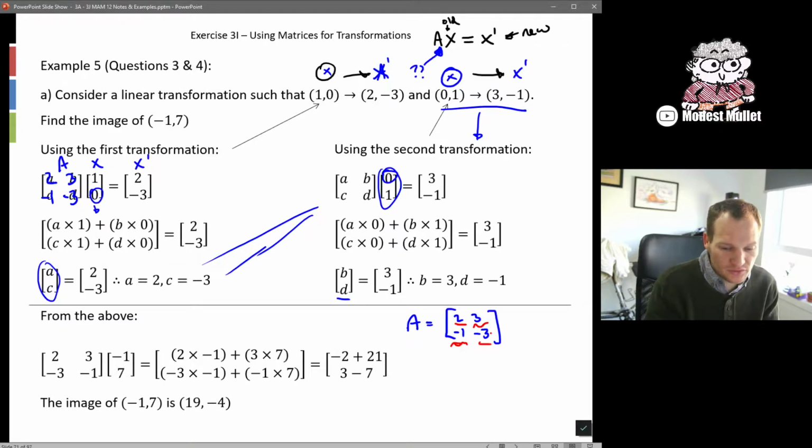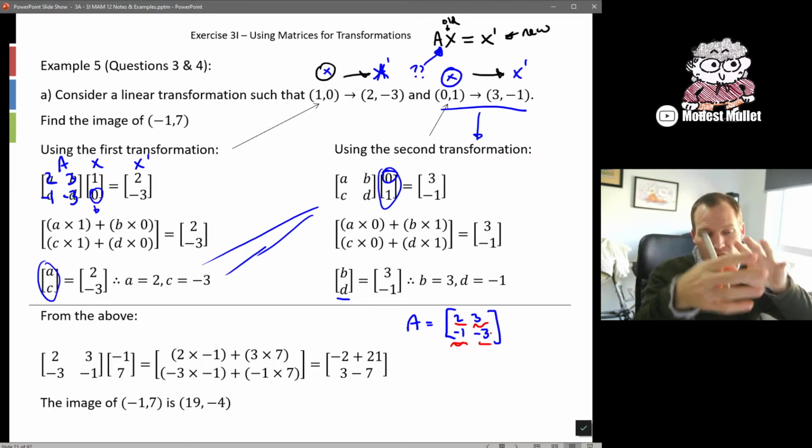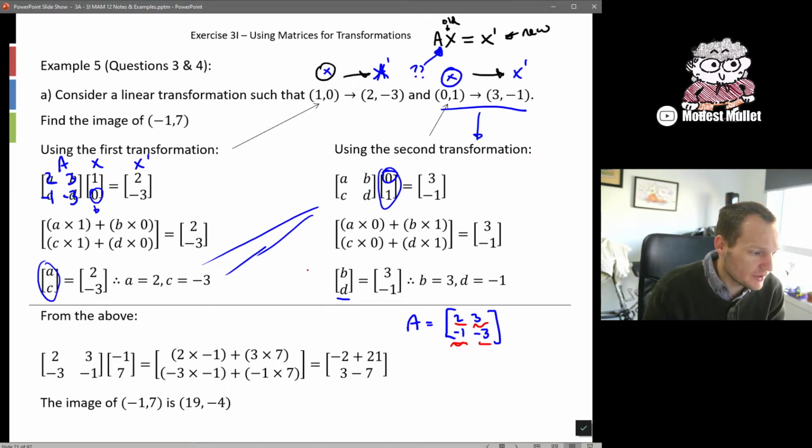We're not just doing that basic dilation by 2 and dilation by 3. It's a lot more complex. We're now not just applying one simple transformation and then one simple transformation. It's a whole bunch of transformations that are represented by this matrix.